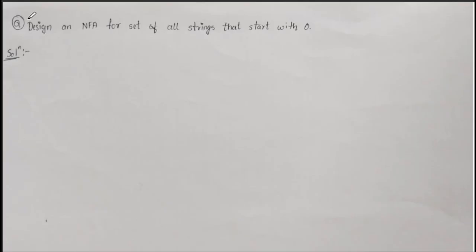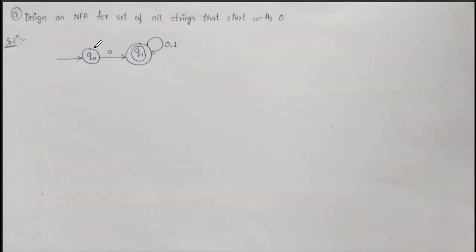Now let's come to the problems. The first question is, design an NFA for the set of all strings that starts with 0. And the diagram is: Q0 and Q1 are the two states. Q0 is the initial state and Q1 is the final state.